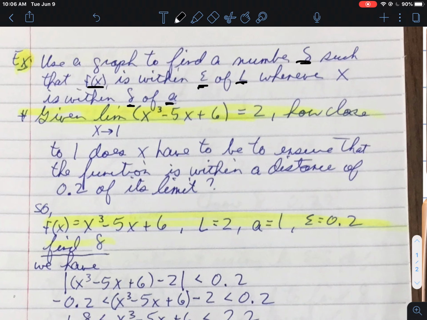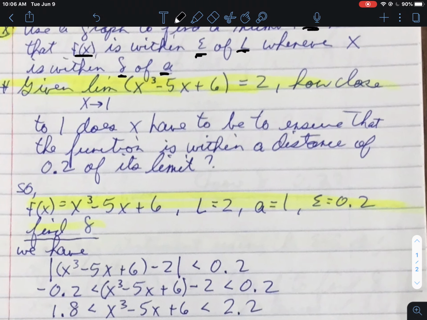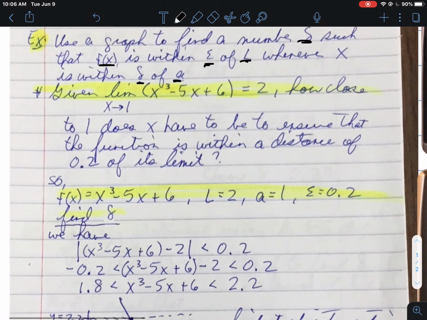So the limit as x approaches 1 of x cubed minus 5x plus 6 equals 2, given that limit. How close to 1 does x have to be to ensure that the function is within a distance of 0.2 of its limit? Okay, so we have all these different pieces of what I call the epsilon delta definition of the limit.